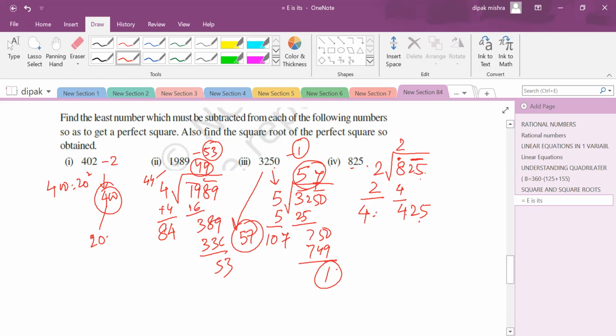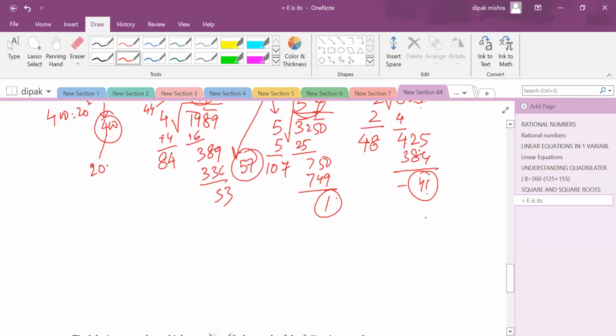So 48 times 8 is 384. So if you subtract 384 from 425, it is 41. So 41 should be subtracted, and the square root is 28. That's the answer for this question.